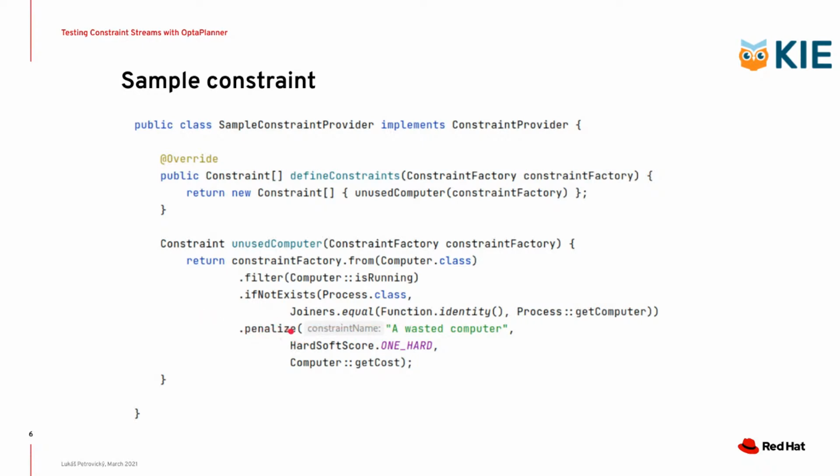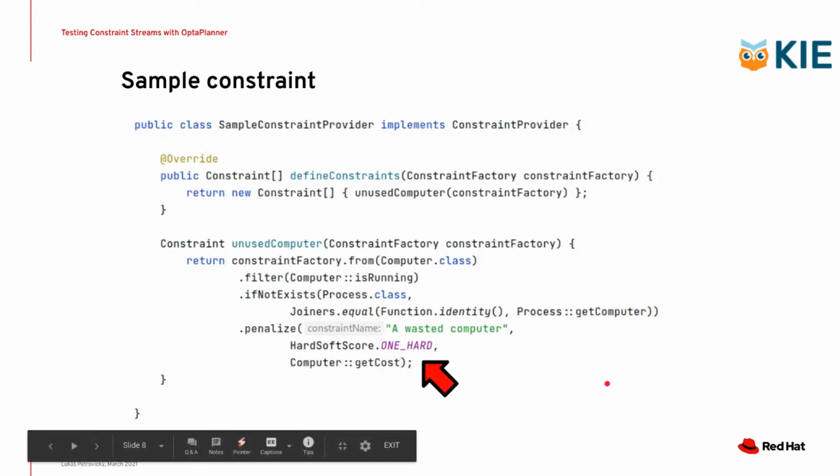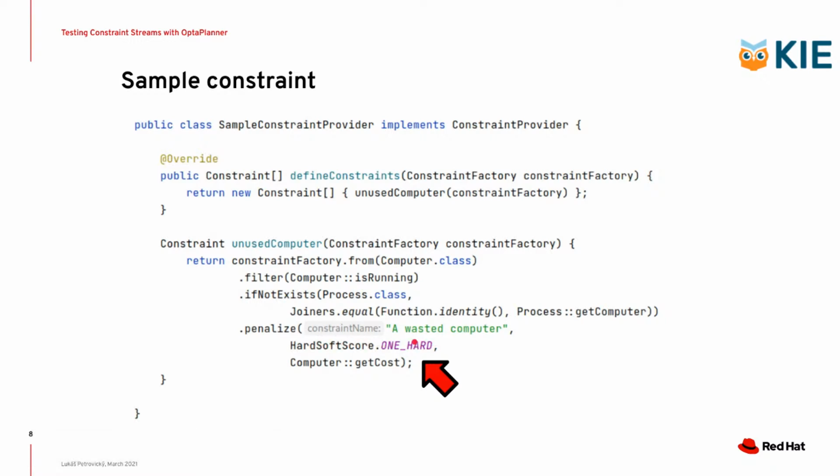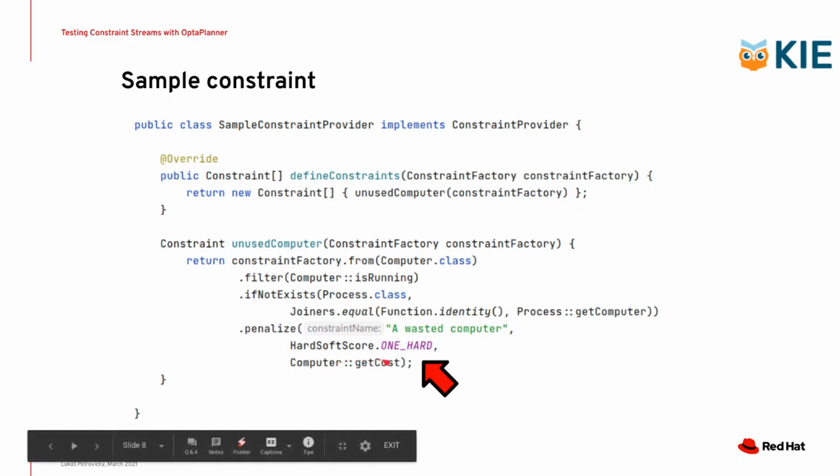So therefore, we penalize a computer that is running and that has no process on it. We use a constraint weight of 1 hard because wasting computers is not something that you want to do. And we use a match weight of the computer cost.